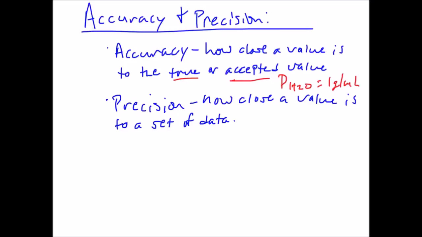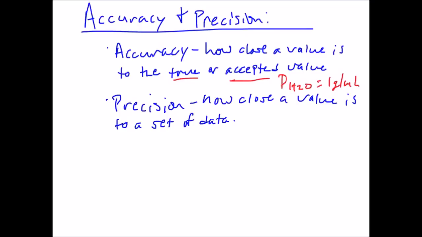No matter where you go on Earth, that's the density of water, the accepted value. So if you are doing an experiment measuring the density of water for yourself, and you were getting values that weren't 1 gram per milliliter, then you would be able to say that you're not getting close to the accepted value. Now, as far as significant digits are concerned, it's really 1.00 grams per milliliter.